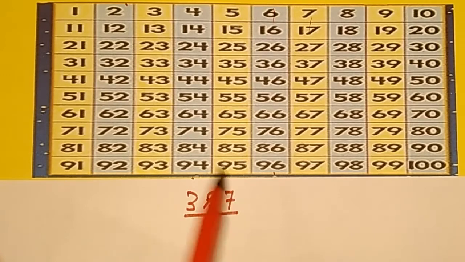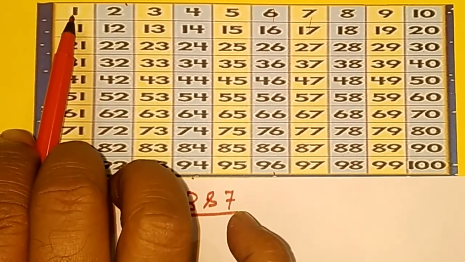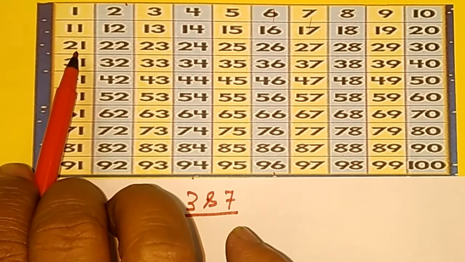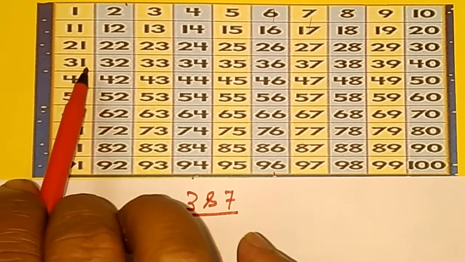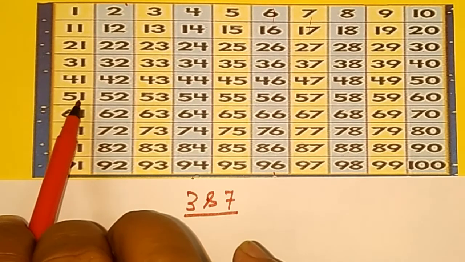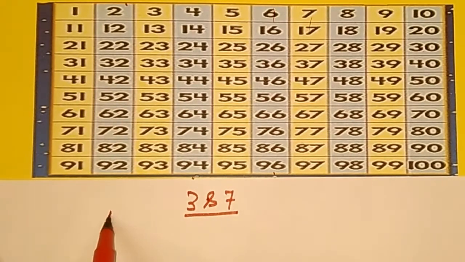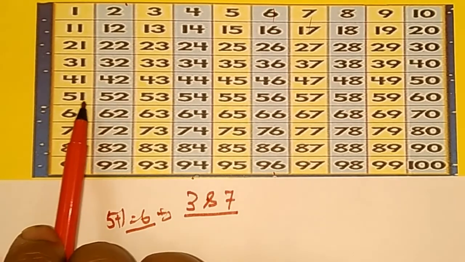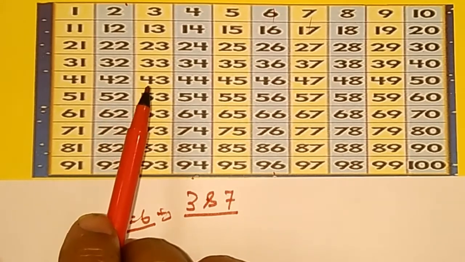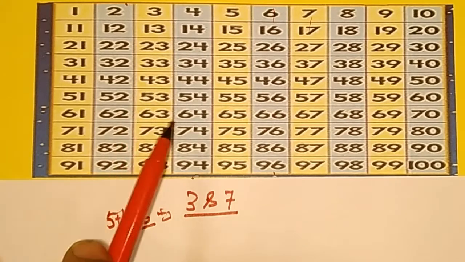So first we start from 1. 1 is not a prime number because it has only one factor. 11 is prime. 21 is not prime because it is divisible by 7. 31 is prime. 41 is prime. 51 is divisible by 3 because 5 plus 1 is equal to 6. It is divisible by 3, so it is not a prime number, because a prime number is not divisible by any number except 1 or itself.